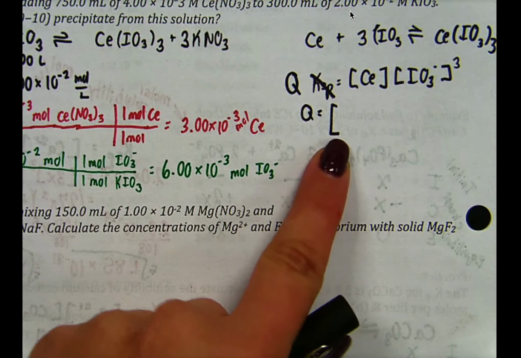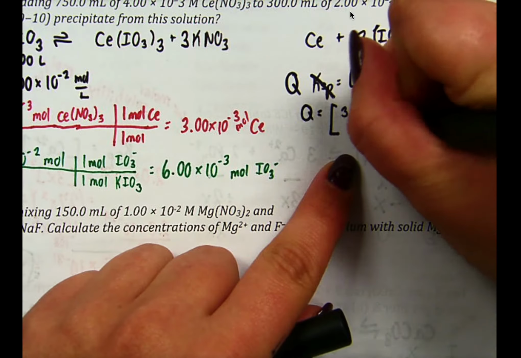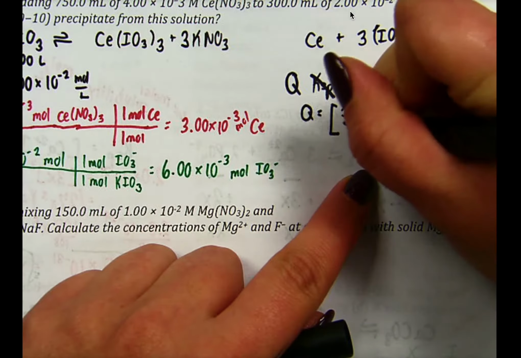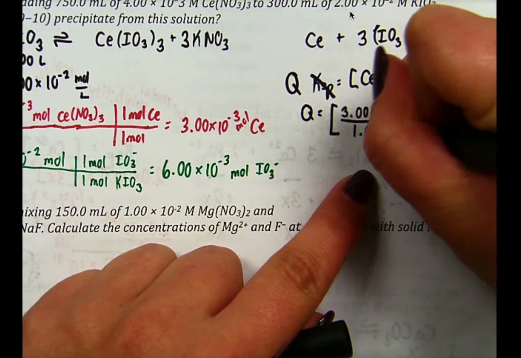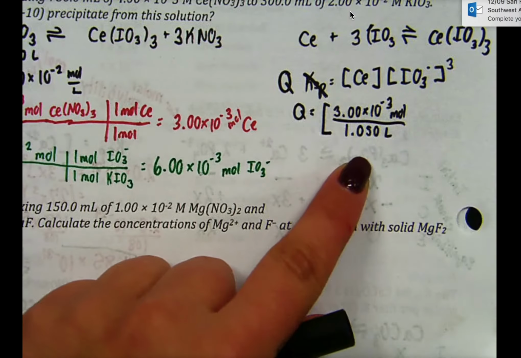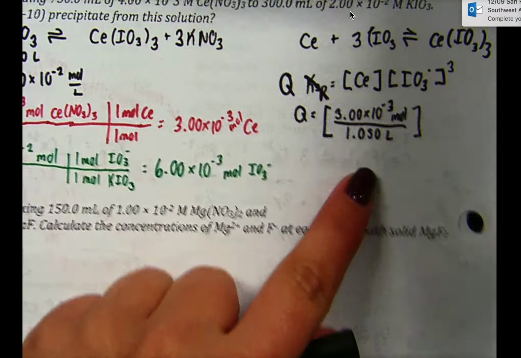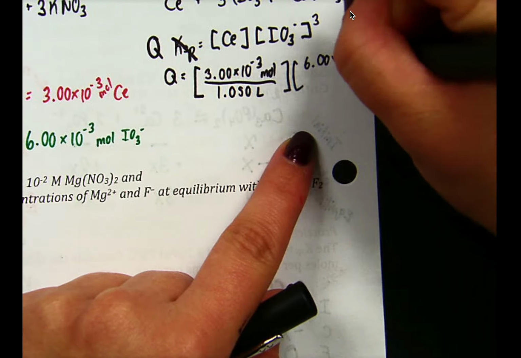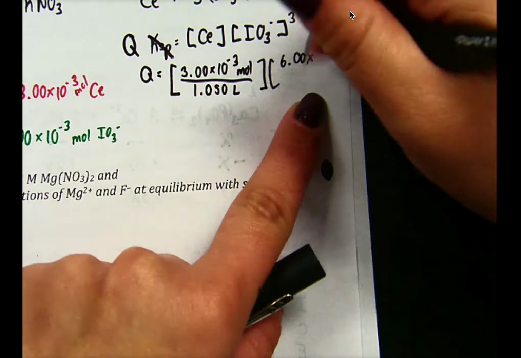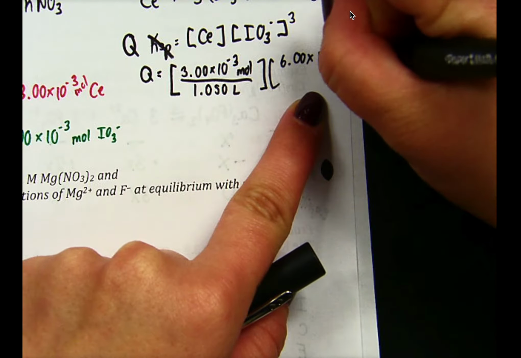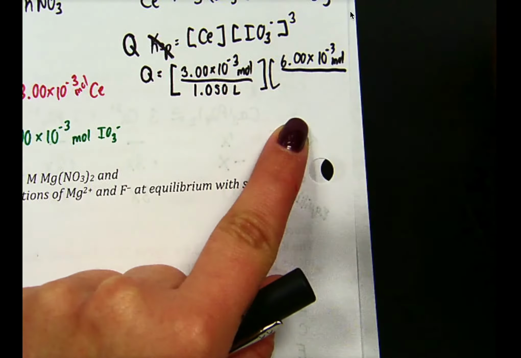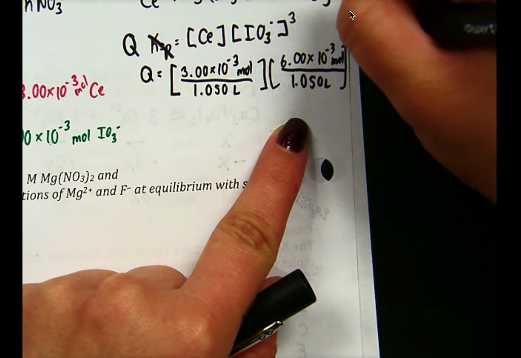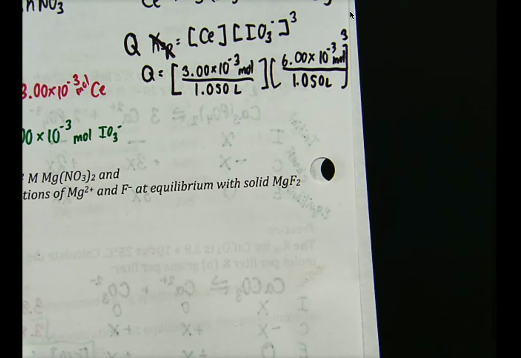So I'm just going to do that here in this step for you. 3.00 times 10 to the negative 3 moles per 1.050 liters. Then 6.00, running out of room here, times 10 to the negative 3 moles of our iodate divided by 1.050 liters. And we have to remember to raise that to the third power.